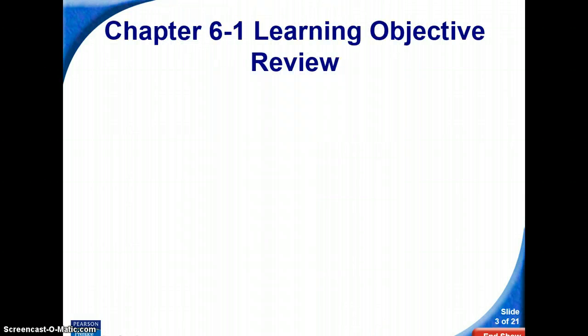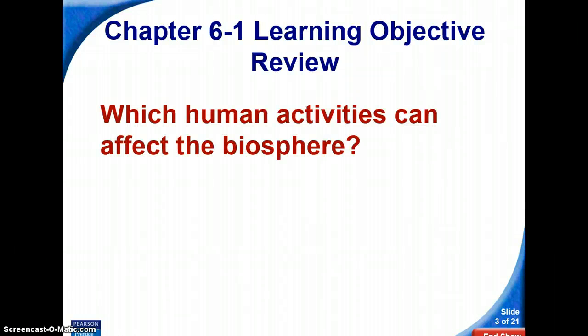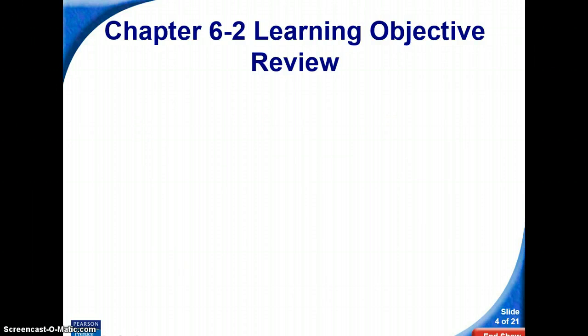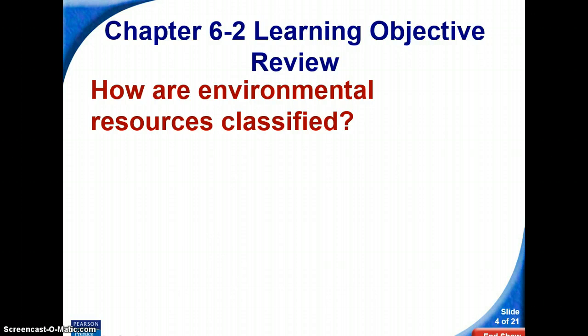So starting with a little learning objective review here for Chapter 6, Section 1, the question we asked was which human activities can affect the biosphere? And we know that some human activities that can affect the biosphere include hunting and gathering, agriculture, industry, and urban development. For Chapter 6, Section 2, we asked how are environmental resources classified?